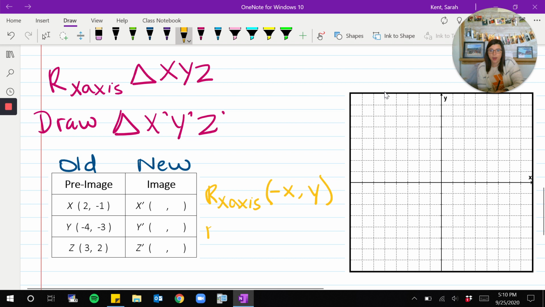And then if you're flipping over the y-axis, you will have the same x value. I got these backwards. If you're flipping over the x-axis, you have the opposite x.